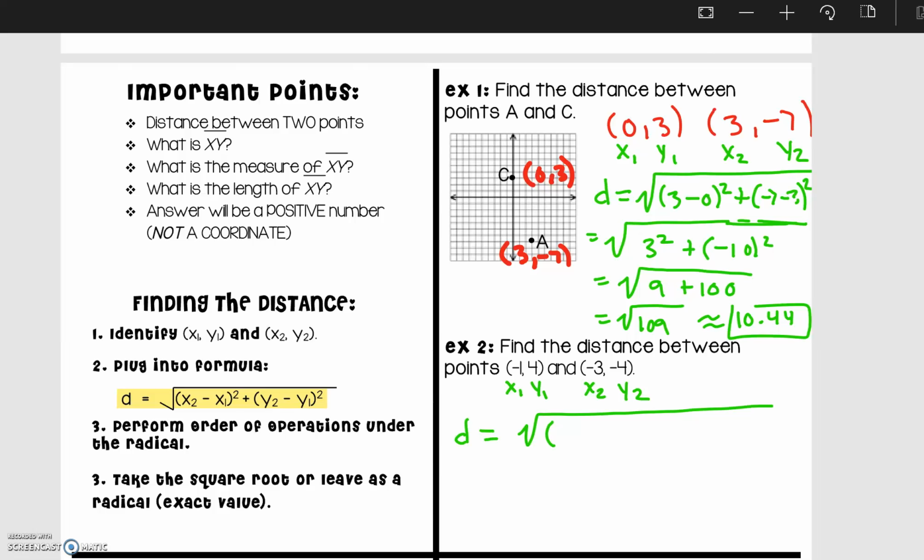So we have x2, which is -3, minus x1, which is -1, squared, plus y2 minus y1 squared. We know right here a negative and a negative makes a positive.